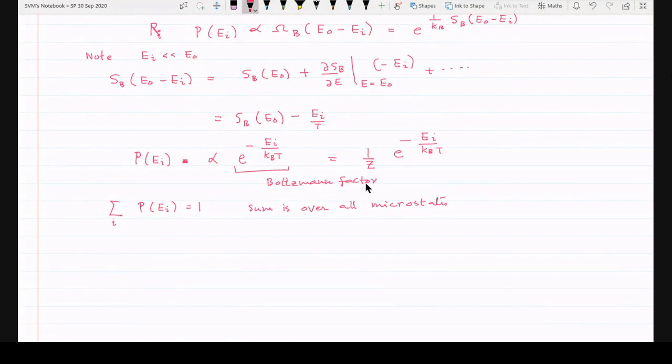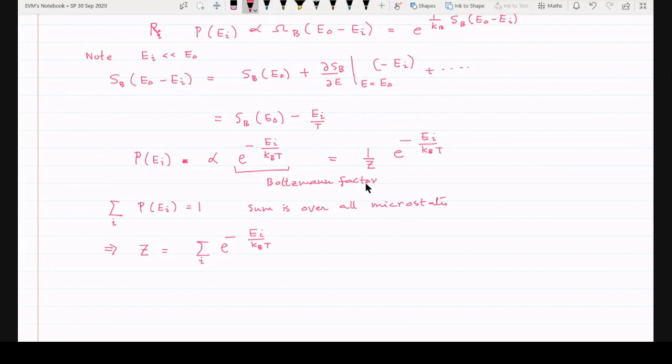Then when you do this sum, I can write Z as the sum over I of e to the minus EI by kBT.